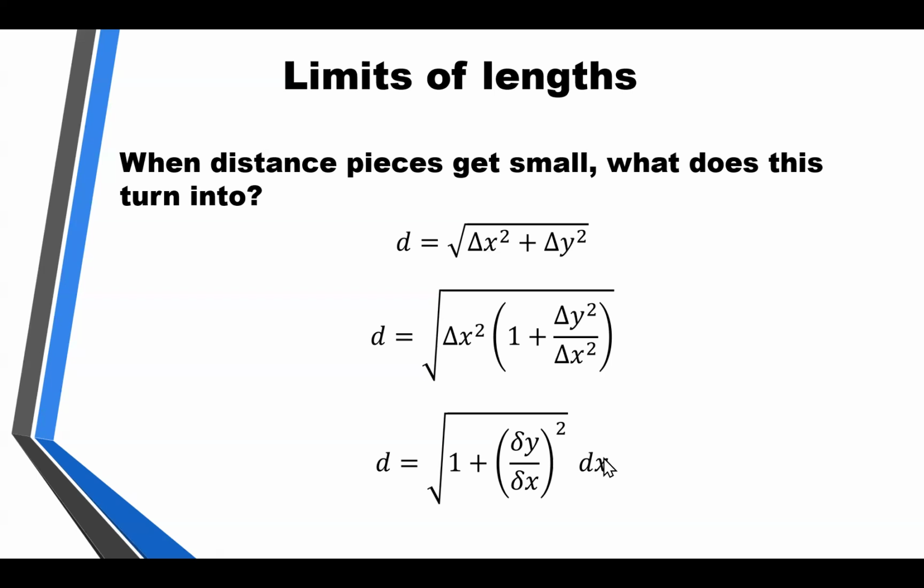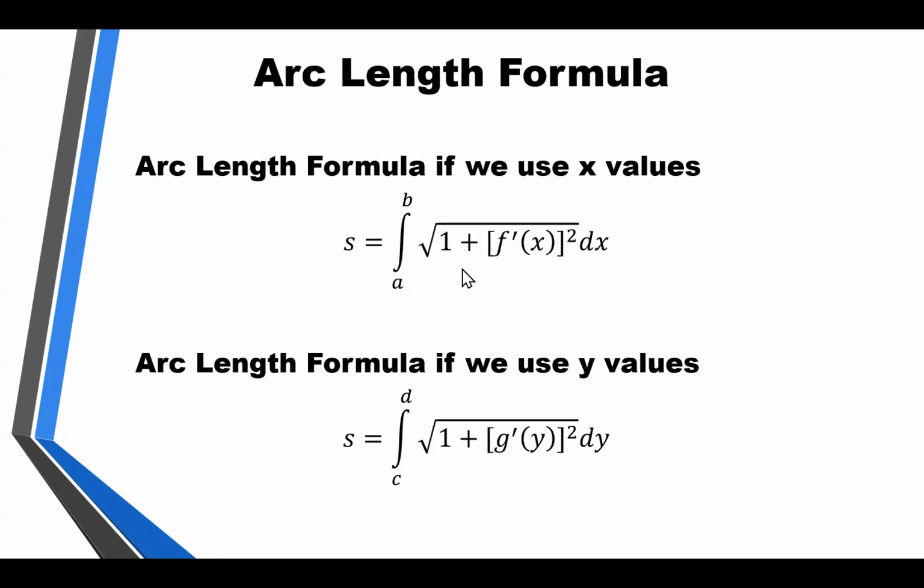And that's what the arc length formula becomes. If we utilize x values, the arc length formula is an integration of the square root of 1 plus the derivative of f squared, integrated with respect to x.